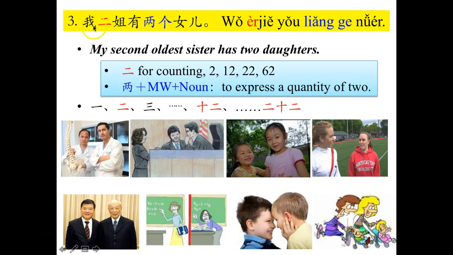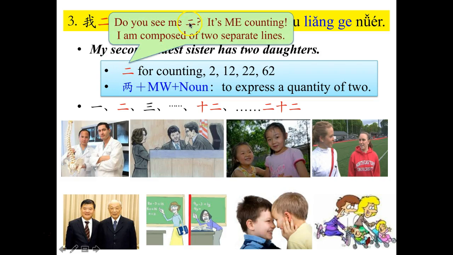Grammar number 3. 我二姐有2个女儿。Now in Chinese, both 二 and 2 mean 2. However, their usages are very different. So for 二, look, 二 is composed of 2 separate lines.